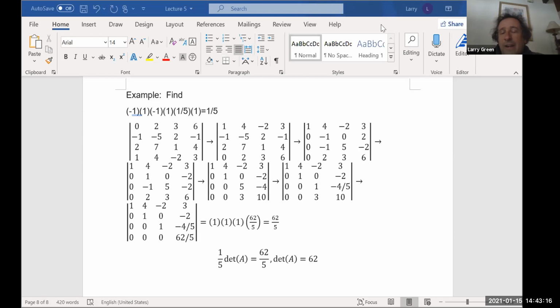if I have a square matrix where 2 rows are equal, repeated rows, can you tell me what the determinant is? If you have 2 rows that are the same, what's the determinant?